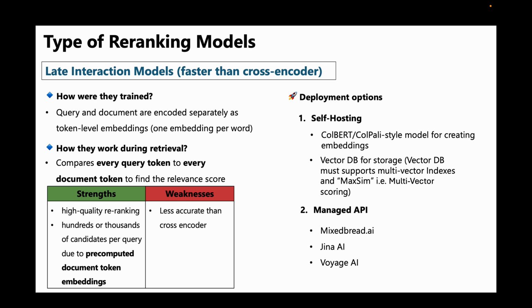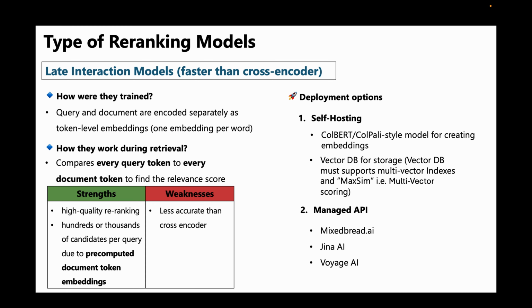Rather than working with a single vector for the entire query or the document chunk, every word or token gets its own vector representation. We pre-compute and store token-level embeddings for all documents ahead of time in a separate vector index. This avoids recomputing them during the re-ranking process.